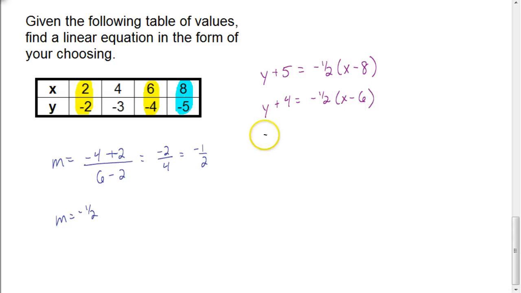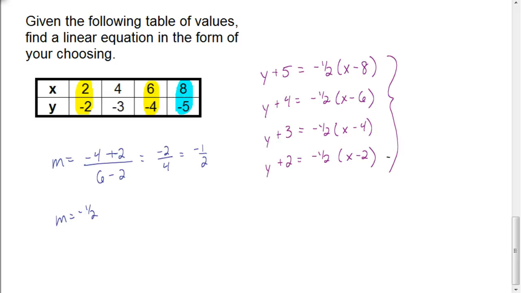You could have picked the 4 and the negative 3, in which case your answer would be y plus 3, because y minus negative 3 becomes y plus 3 equals your slope, negative 1/2 times x minus the 4. Or you could have had this as your answer. Y minus negative 2 would give you y plus 2 equals your slope, negative 1/2 times x minus 2. And all of these, I should say, any one of these would have been your correct answer, and these would have been in point-slope form.